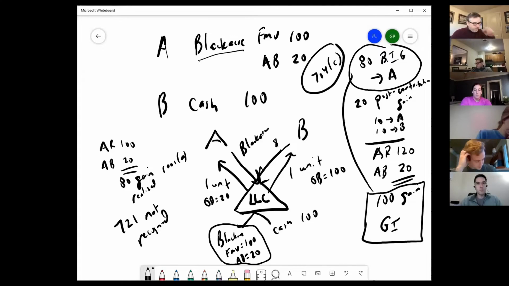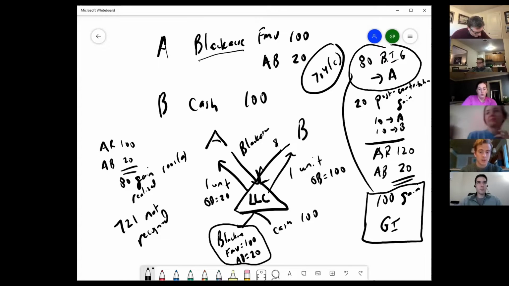We're going to take a look at that. So that's the rule 704C, which says that this built-in gain or loss that's preserved through 721 and 722 and 723 is going to eventually be allocated to the contributing partner and not shifted over to other partners.